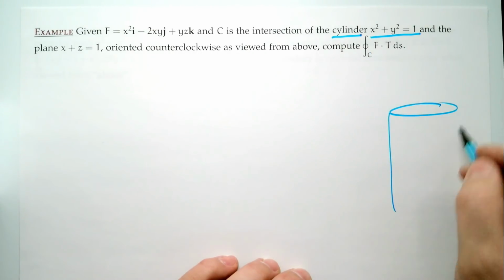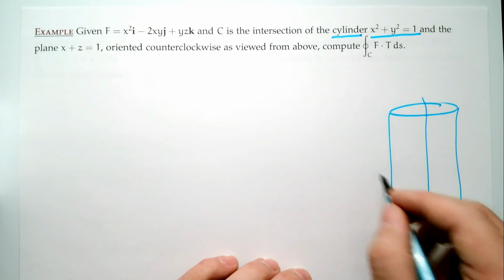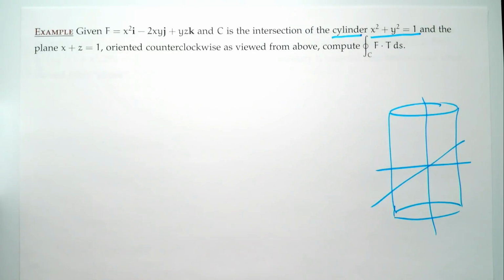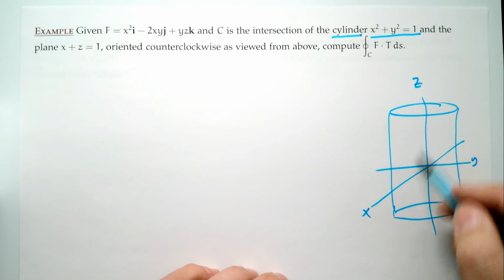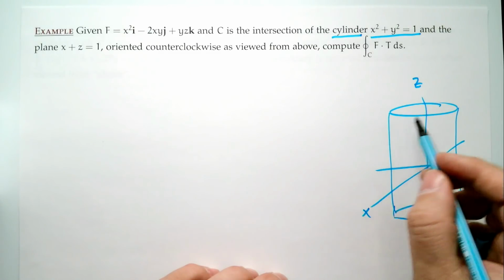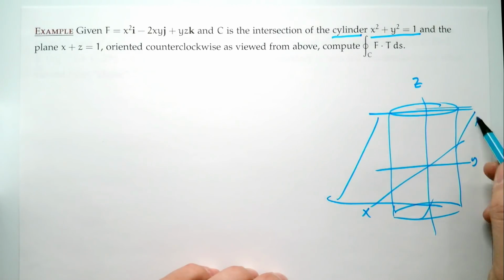All right. So I have this cylinder here, x squared plus y squared equals 1. And that's sitting here in my x, y, z space. Now I have a plane, x plus z equals 1. Now what does that look like? Well, in the xz plane, x plus z equals 1 looks like a line. So when I go to 3 dimensions, what does x plus z equal 1 look like? Well, it looks like a plane.